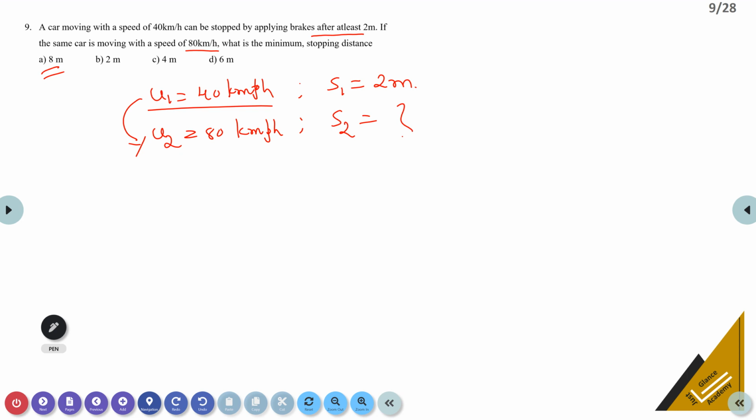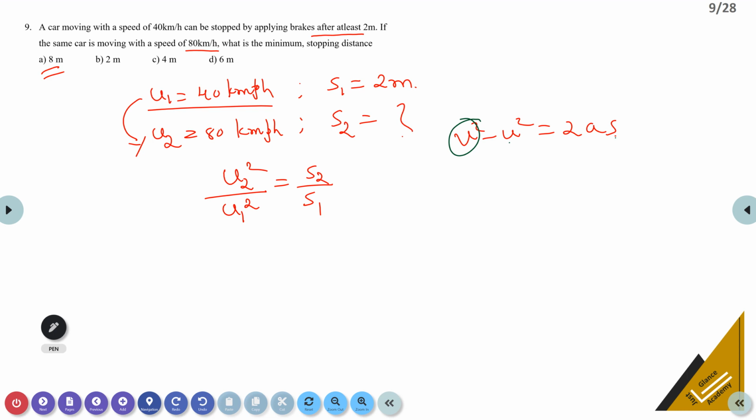This is the shortcut method. Otherwise, use the formula u2 square divided by u1 square equal to s2 by s1. Students, you might ask how you are using this equation. V square minus u square equal to 2as. In both cases the car stops, so this quantity is 0.